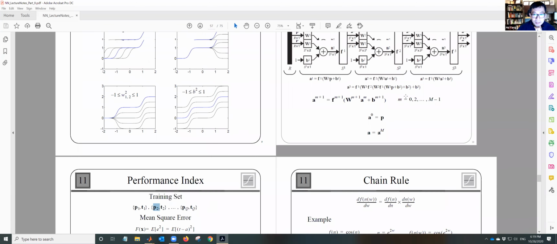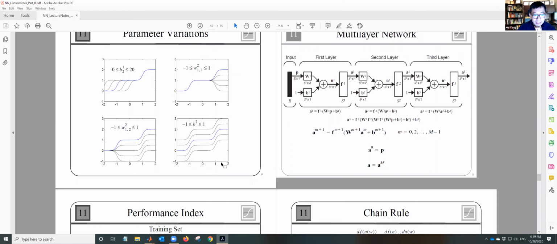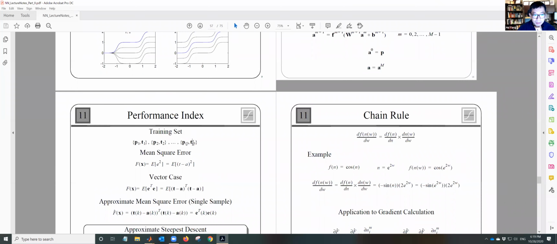Now, obviously, your output is A. Now you are trying to see what is the difference between your target and A. Then you get an error, right? And then in the vector case, you do the error in this way. So this is called mean square error. You're taking an expectation here.